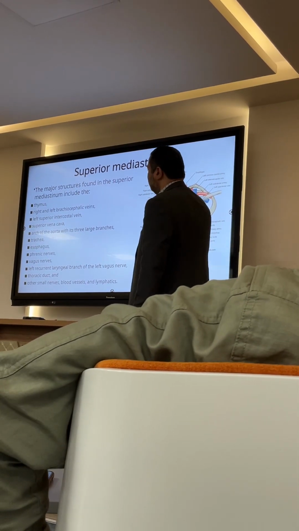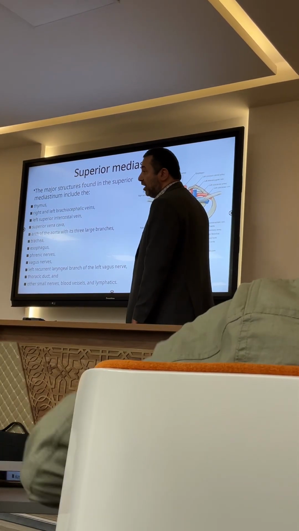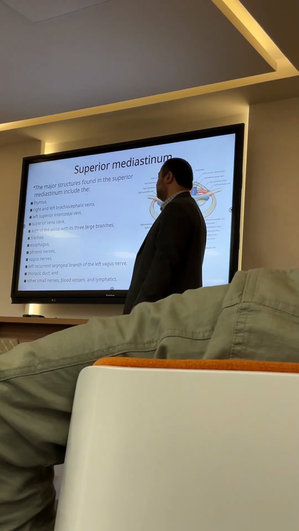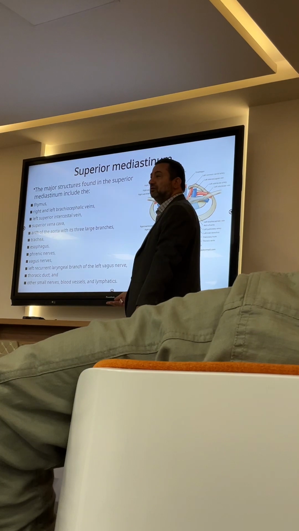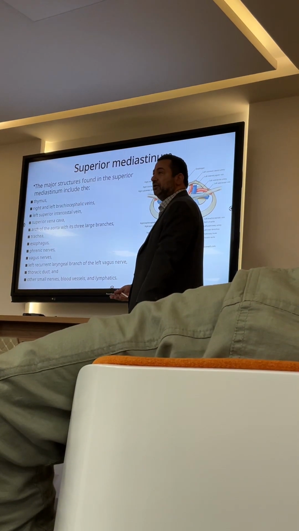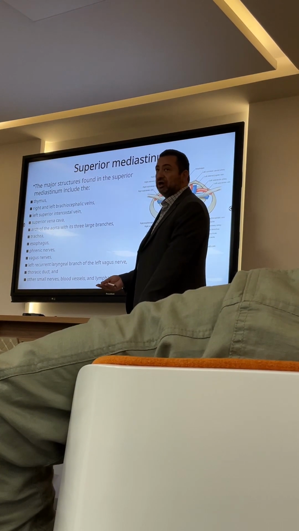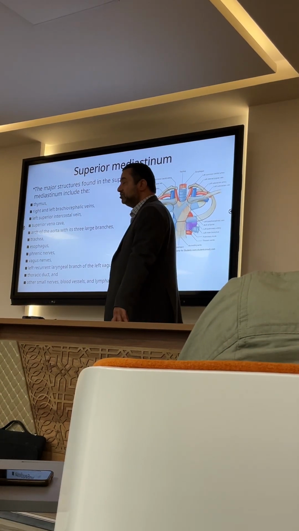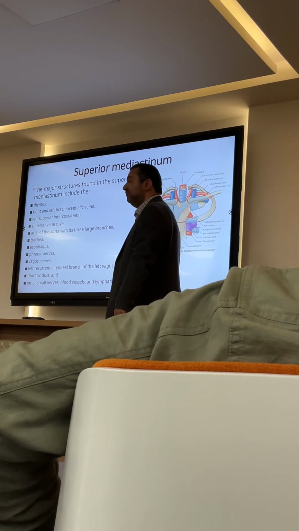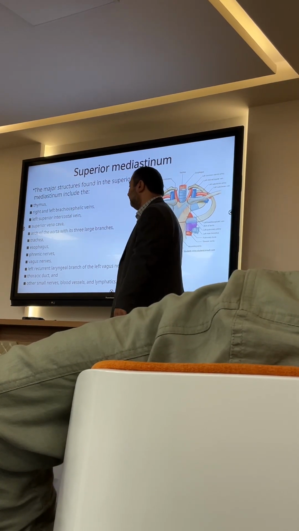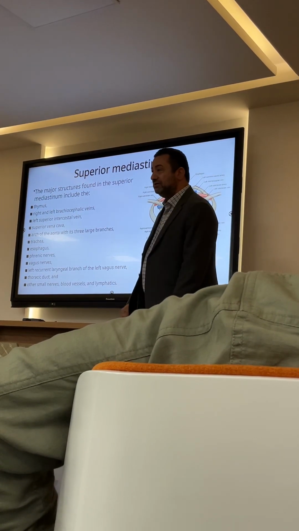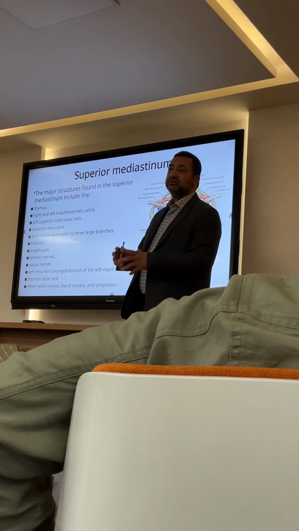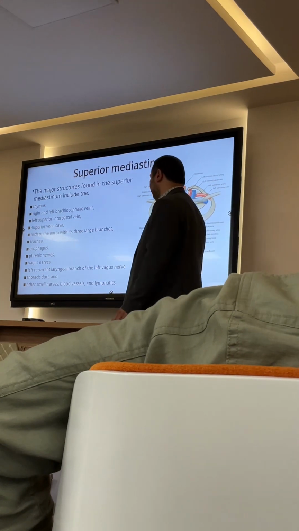Superior vena cava. Arch of the aorta and its three large branches: brachiocephalic artery or trunk, left common carotid artery, and left subclavian artery. Trachea, esophagus, phrenic nerves, vagus nerves, the left recurrent laryngeal branch of the vagus nerve, the thoracic duct, and other small nerves, vessels, and ligaments.